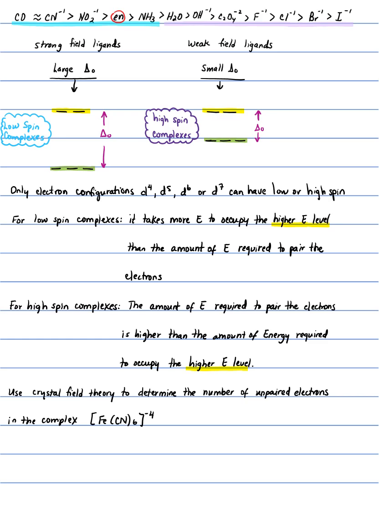If the number of electrons in your d orbitals is 1, 2, or 3, there's no difference between low spin or high spin. 1, 2, or 3 electrons can go on the 3 orbitals that you have on the bottom part. What's going to make your complex be high spin or low spin is when you have 4 or more electrons in the d orbitals.